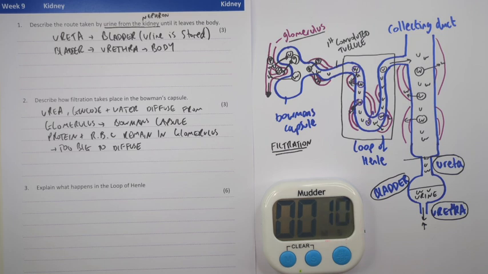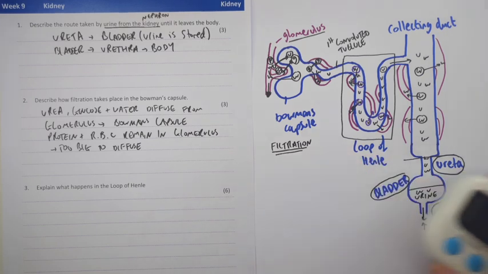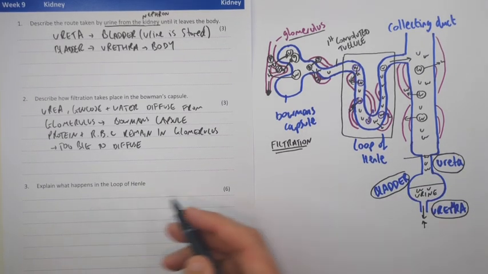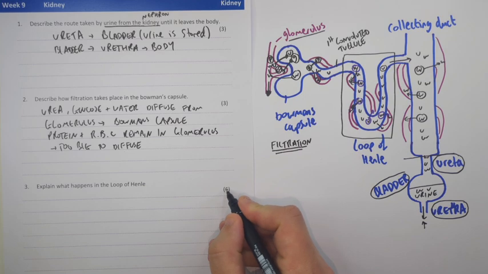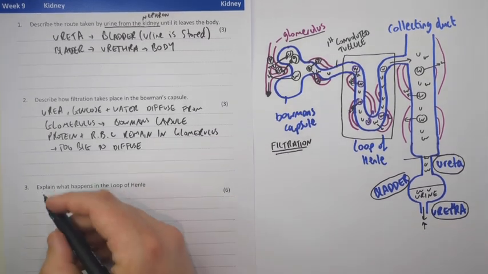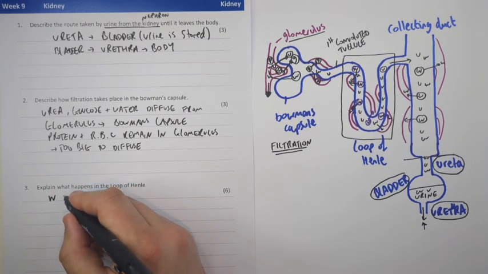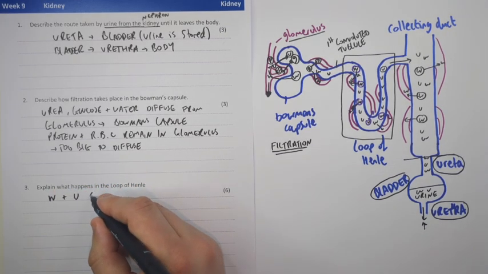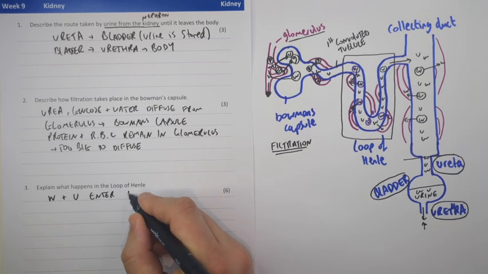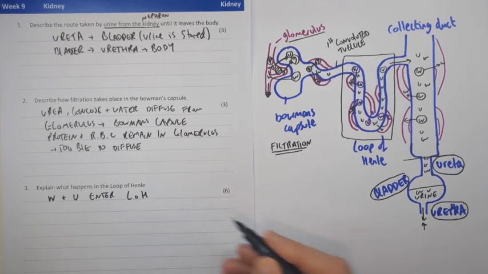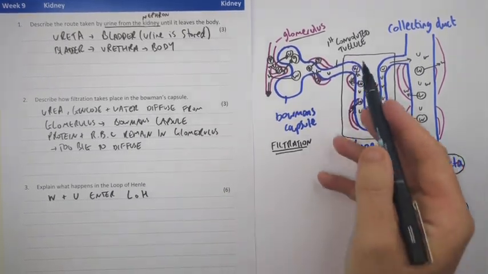Okay, let's begin to end it there. So what happens in the loop of Henle? And this is not a 6-mark question, it's probably a 3 or 4-mark question. So water and urea, I'm actually going to write it shorthand, water and urea enter the loop of Henle. Again, don't write like that, just for now.